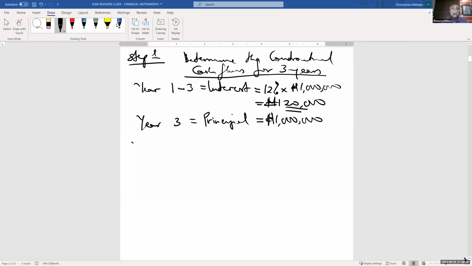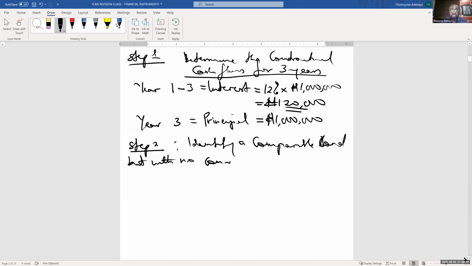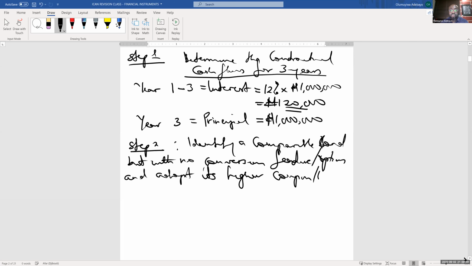Now, step 2, identify a comparable bond, but with no conversion feature or option, and adopt its higher coupon rate or interest rate as a discounting factor.